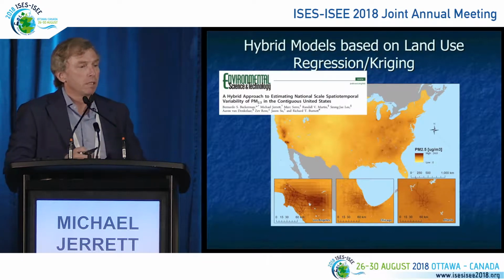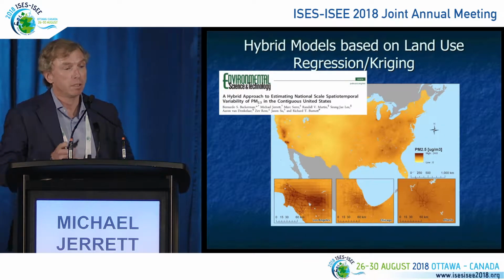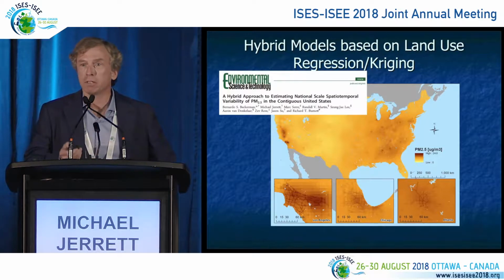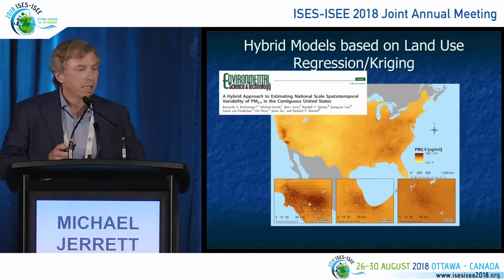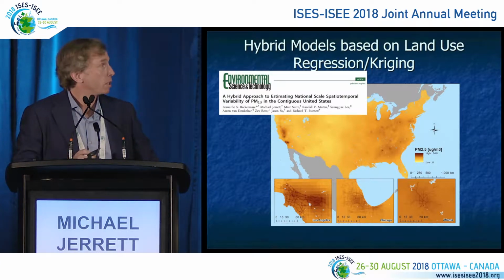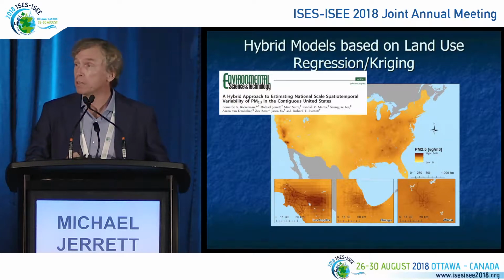And then the final model is a hybrid model where we've done space-time Kriging, and we've included a lot of land use predictors. But interestingly, we really only came up with 2, traffic at 1,000 meters, and green space at 400. So green space is a negative predictor, traffic is positive. But you can see that unlike the other models, we're getting this very fine scale variation.